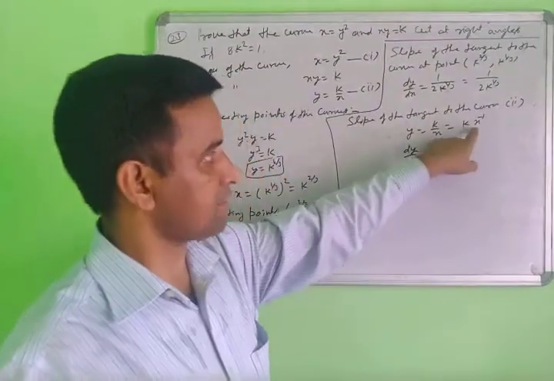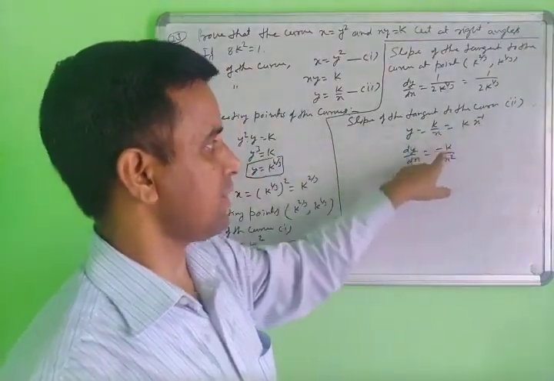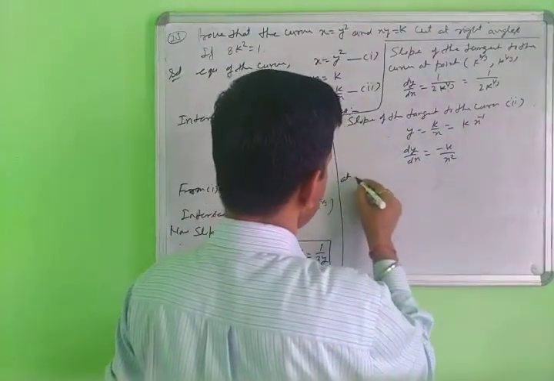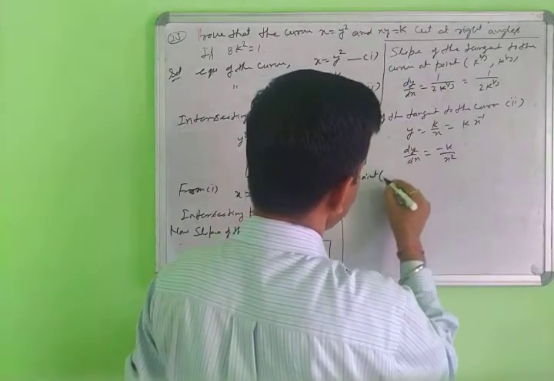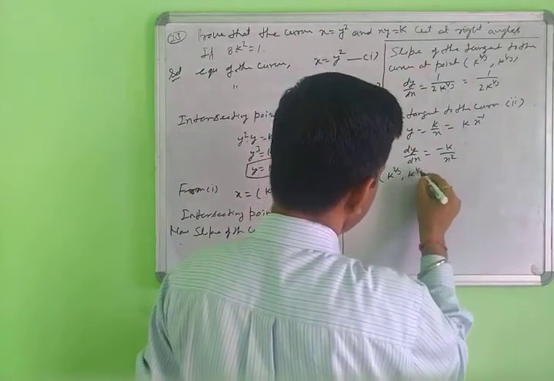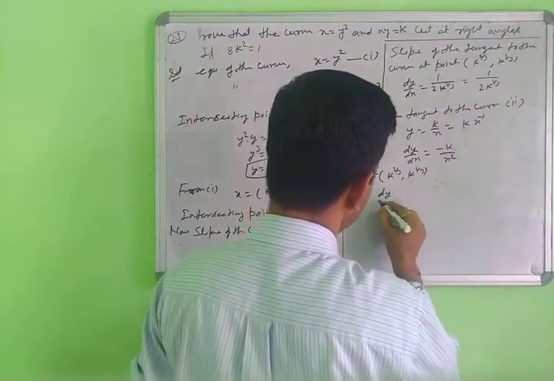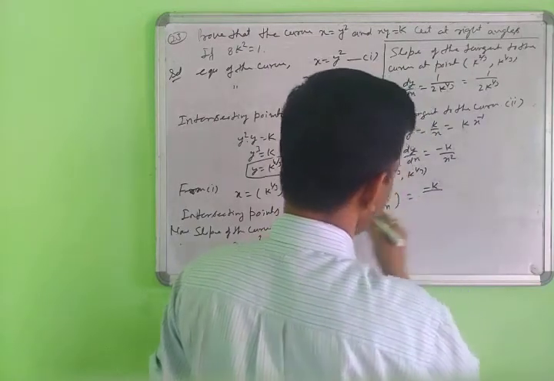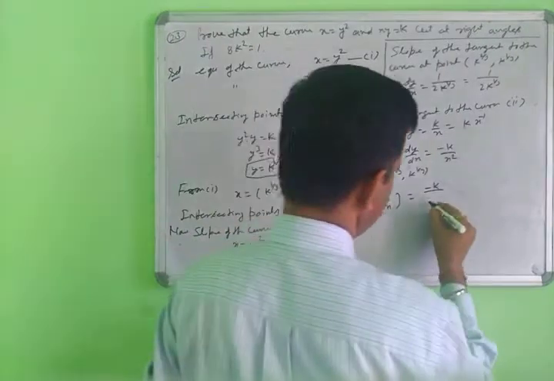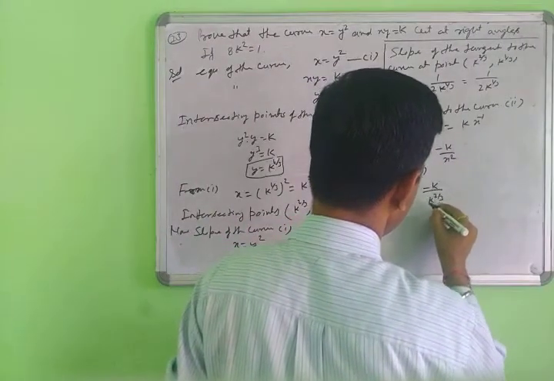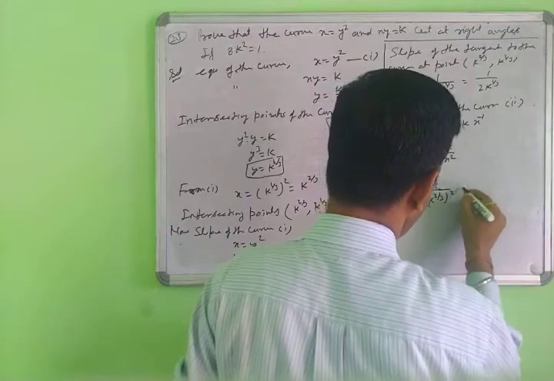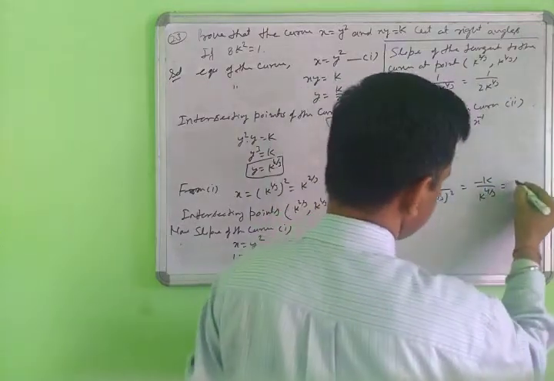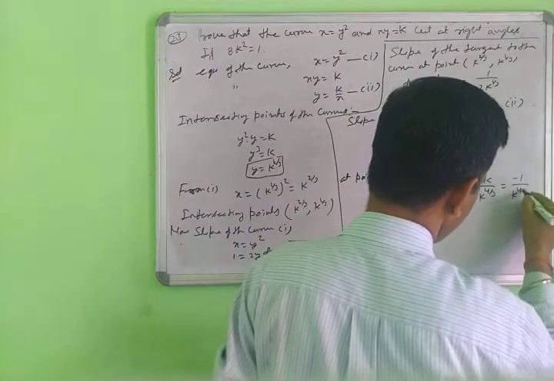At the same point (k^(2/3), k^(1/3)), x square is k^(2/3) to the power 2, so k upon k^(4/3). After calculating, minus 1 upon k^(4/3 minus 1).